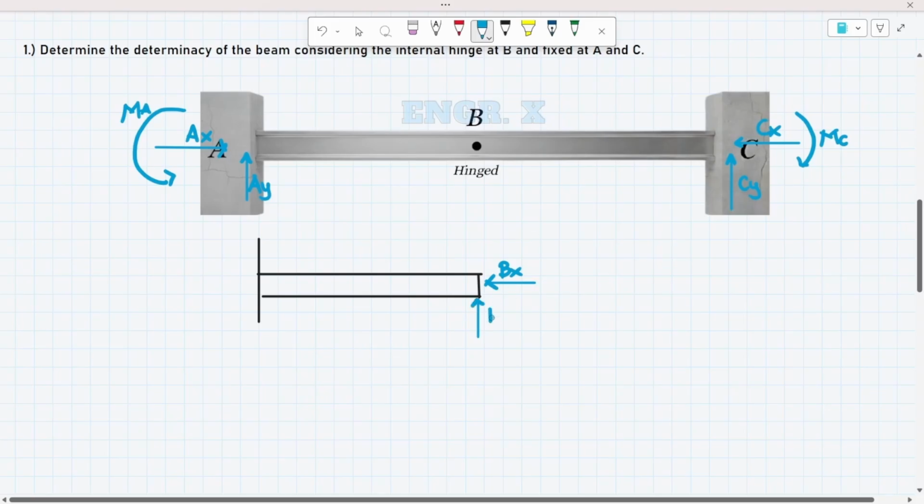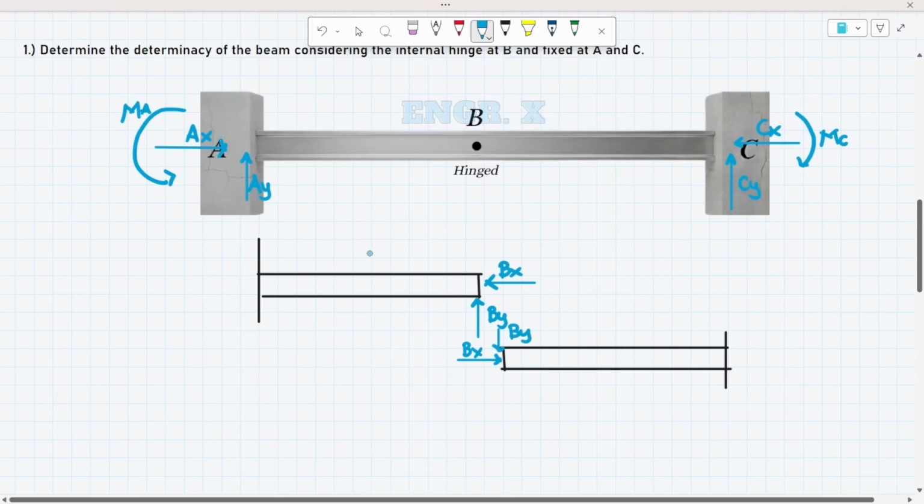When BY is papuntang itaas, and on the other part, the right side, you have an opposite reaction of BX going to the right and yung BY naman going downwards.